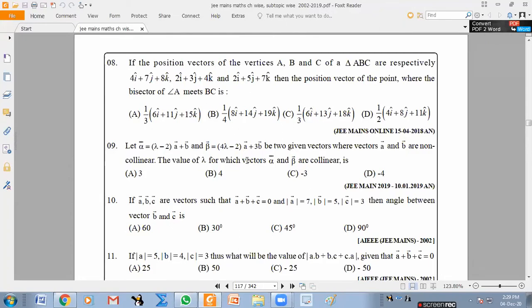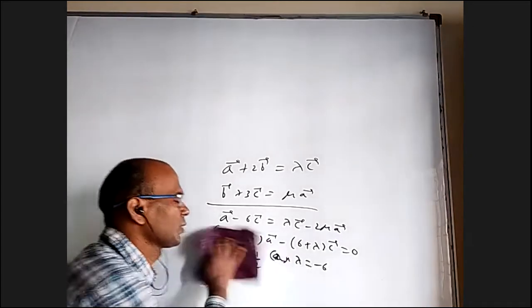8. The position vectors of the vertices A, B, C of triangle ABC are respectively these three, then the position vector of the point where the angular bisector meets the opposite side. That is basically that BD is to DC equal to AB is to AC.